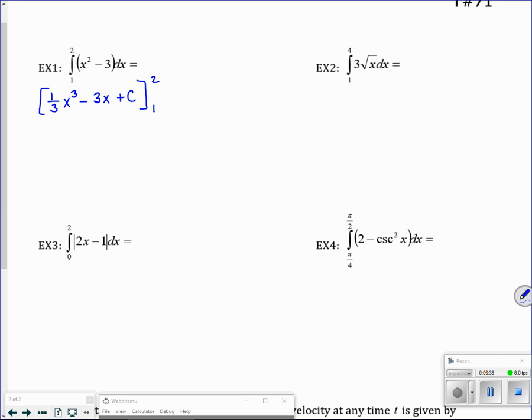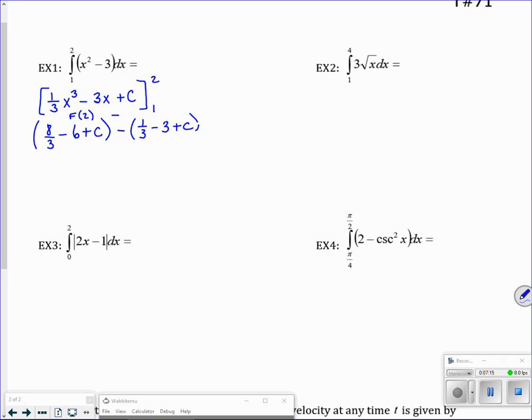So I'm plugging in 2 for x. 2 cubed is 8, so I have 8/3 minus 2 times 3 is 6, plus c. That's the antiderivative at 2, minus, now let's do the antiderivative at 1. That would be 1/3 minus 3 plus c.